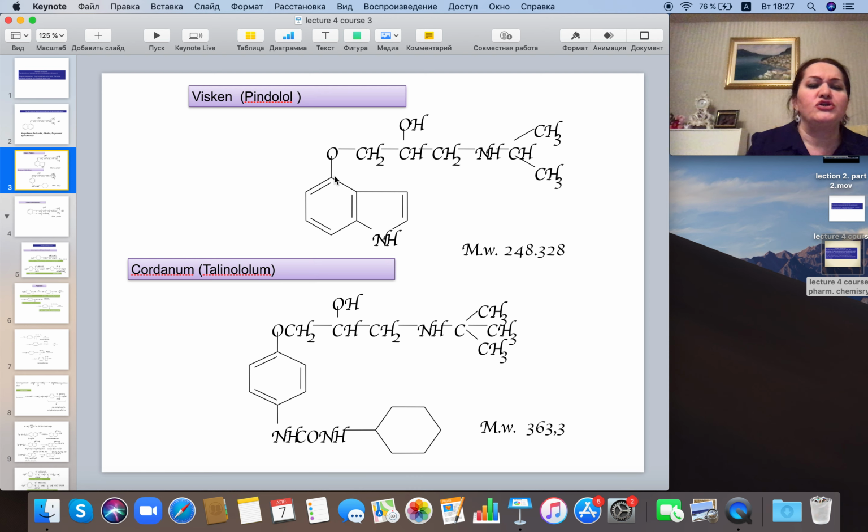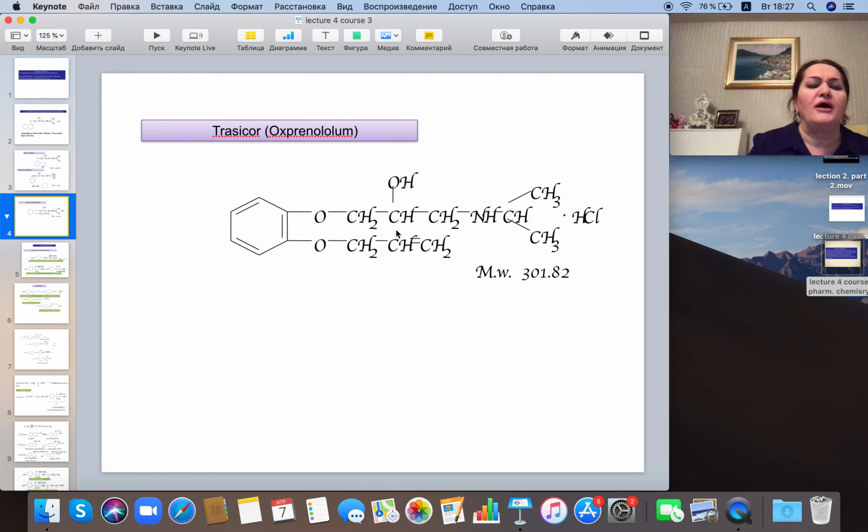The next preparation, visgen or pindolol, has at its base indole, a benzpyrrole structure, and it is also an adrenoblockator. Cardanum or talinolol is also an adrenoblockator, and trazicor, and you can see this structure.